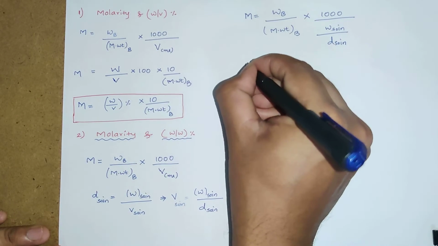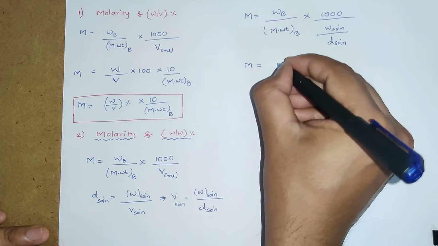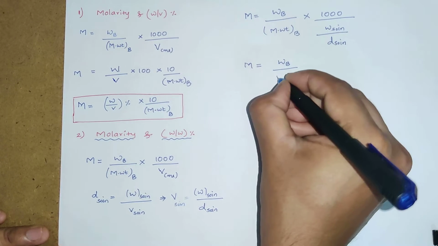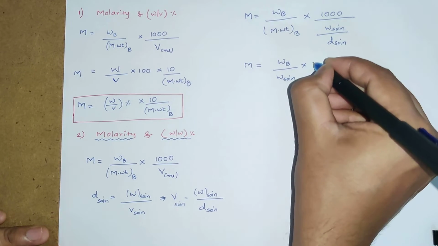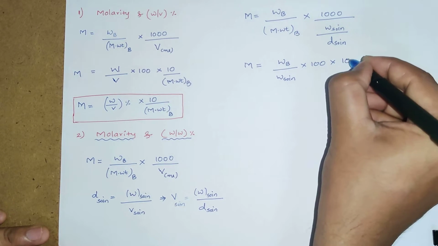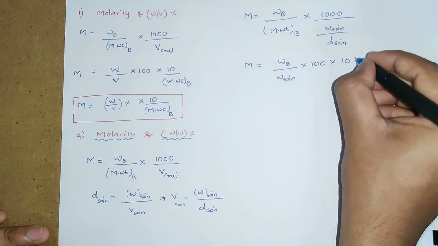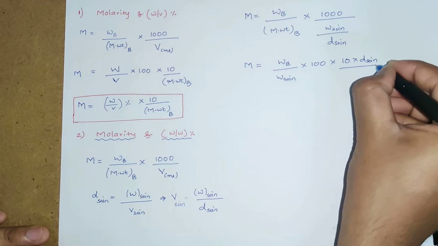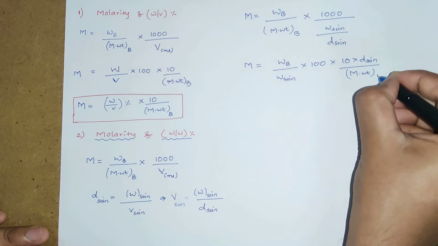Just I write this equation, molarity is equal to, just you rearrange in this equation, weight of solute divided by weight of solution into 1000, you can write as 100 into 10. So it goes to the numerator. Then density of solution by what is left in this one, molecular weight of solute.